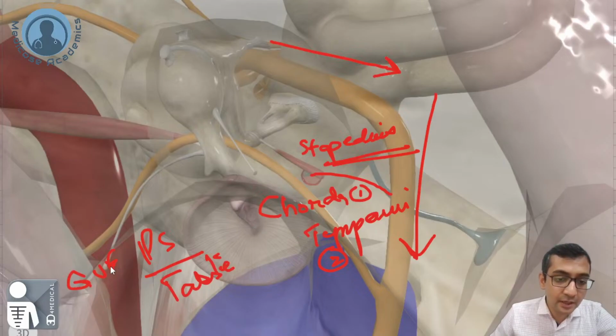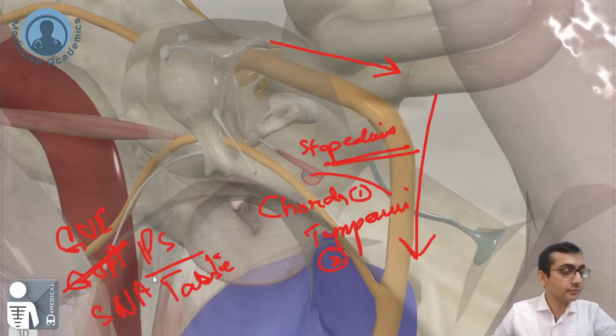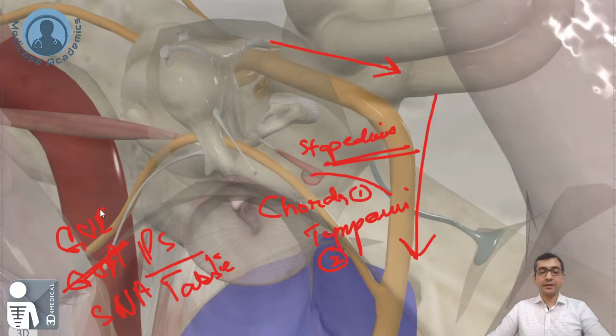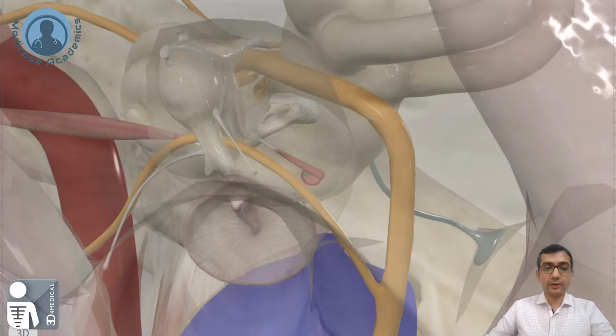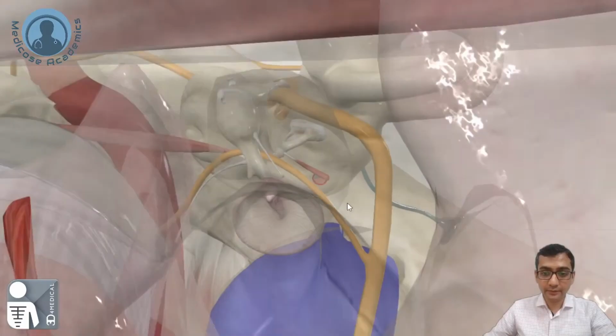Parasympathetic is general visceral efferents, and taste fibers are special visceral afferents. They are the chorda tympani. It moves along the lateral wall and it exits the anterior wall of the middle ear. So that's the facial nerve there.